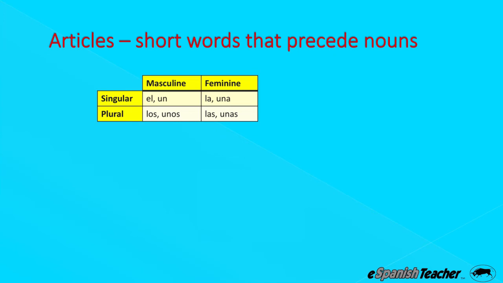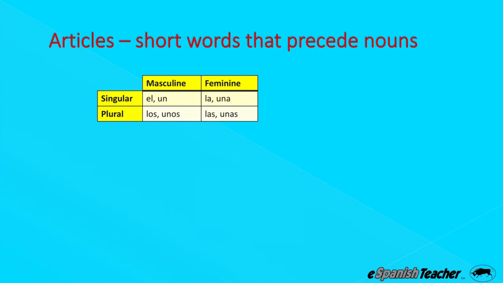And in Spanish, here are the basic articles. Singular masculine, you have el, which means the, or un, which means a. And singular feminine, you have la, which means the for feminine words, and you have una, which means a for feminine words. And then you also have the same for plural masculine and plural feminine.